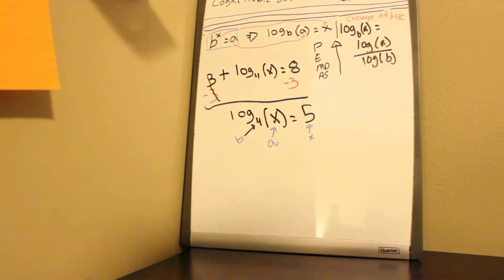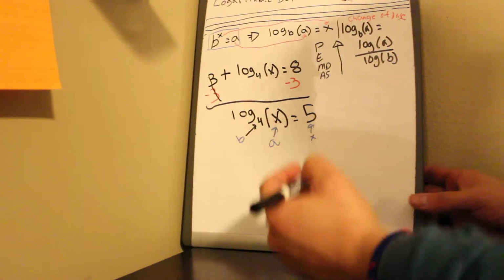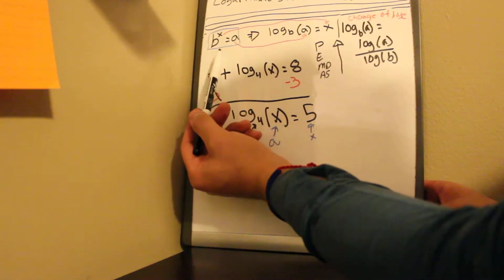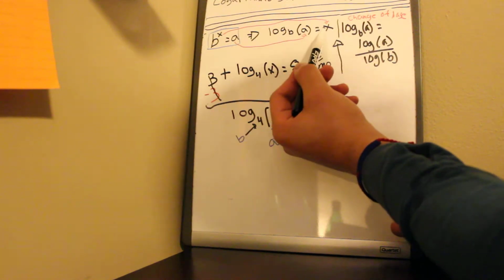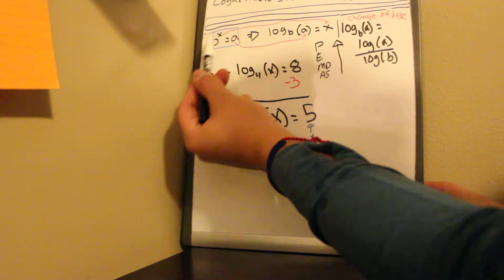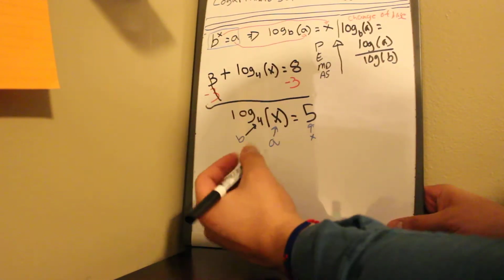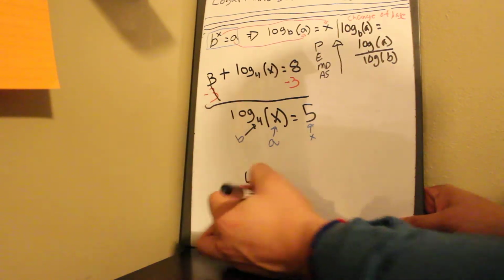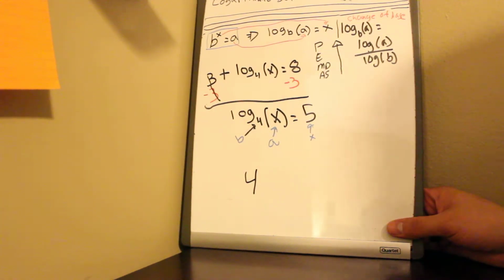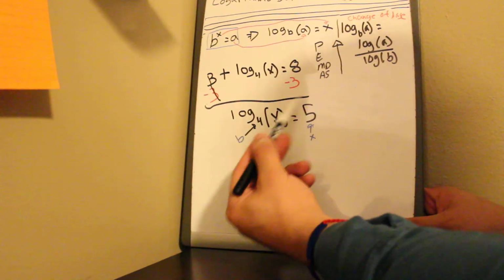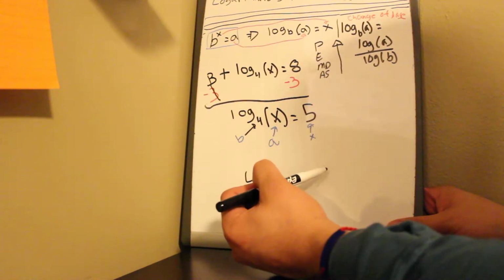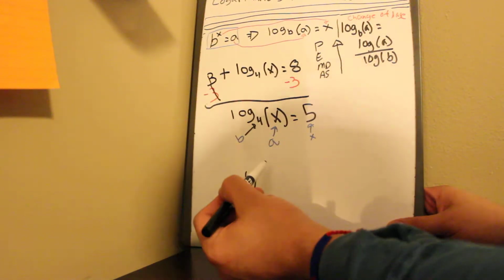Now, I'm going to use this property. We have our base raised to the x equals a, just like over here, where we use this to turn it into this. So the first thing I want to write down is 4. Now this is where it could be really helpful. You can use the same strategy we used before, or you can just know the fact that because they're inverses of each other, when we have this expression, the input will become the output, and the output will become the input.